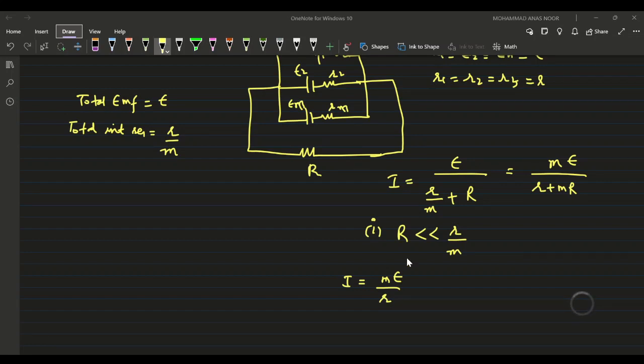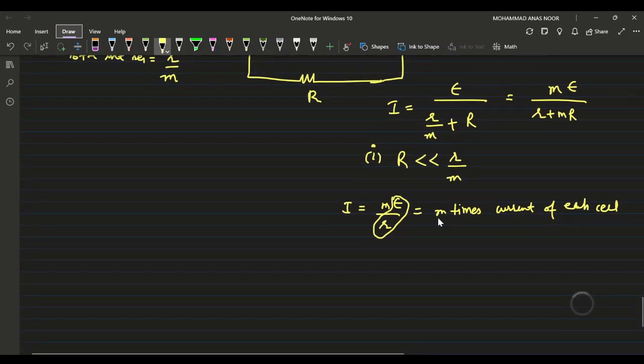correct? Is not it M times the current of each cell? Because the current due to each cell is this much only, and we have got M times the current.